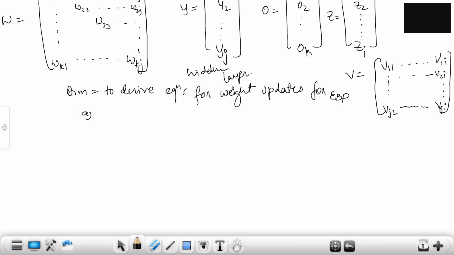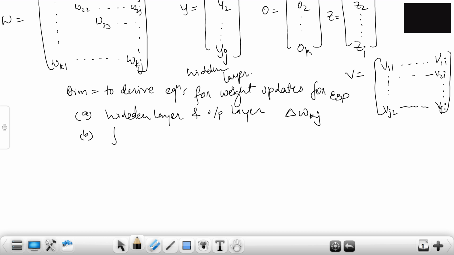So what are the weight equations? First is between the hidden layer and the output layer. That is the first equation that we need to derive, that is your delta WKJ.